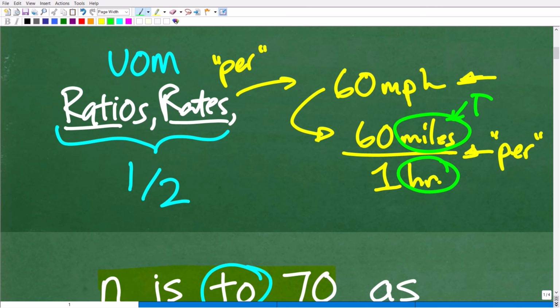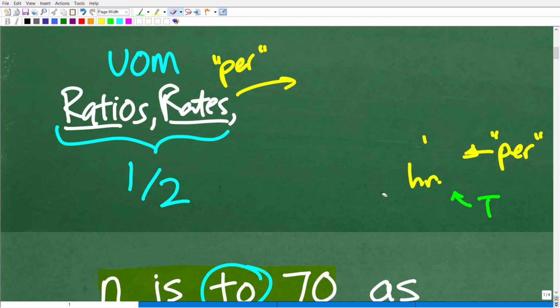Namely, we're comparing distance with time. Okay, distance has nothing to do with time. So when you're comparing two different units of measure that are completely different, like time or distance, for example, that is a rate.